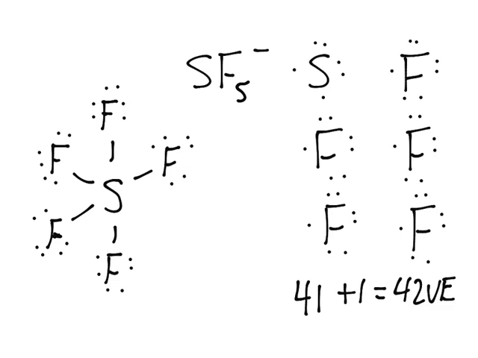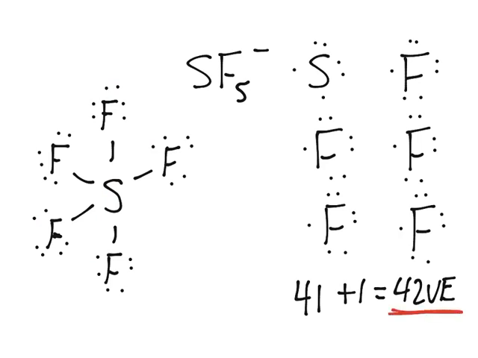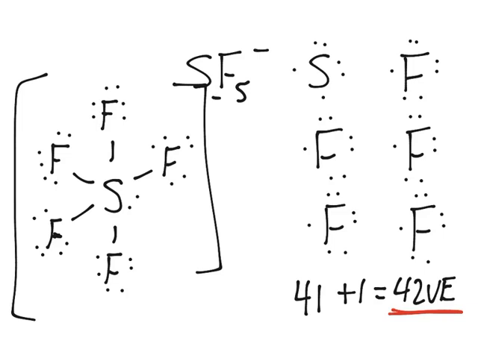We have used 8, 16, 24, 32, 40 of our 42. And like always, when you have leftovers, they will go on to the center atom. So there's the Lewis structure for SF5 with the 1 minus charge. We just need to finish it up with some brackets and the charge. Let me clean that up because that looked terrible. There we go.